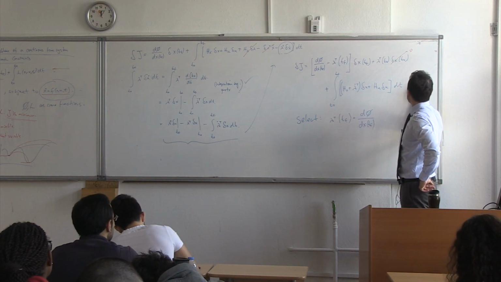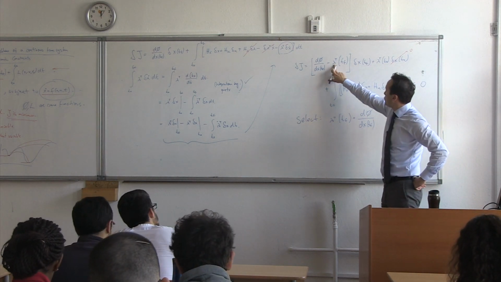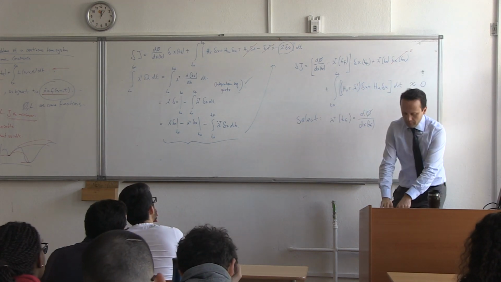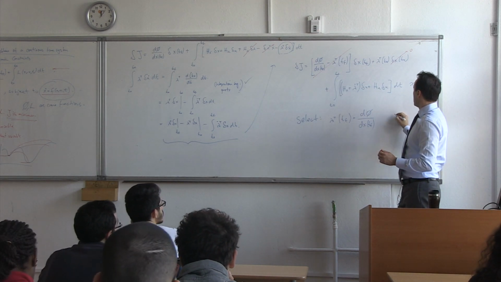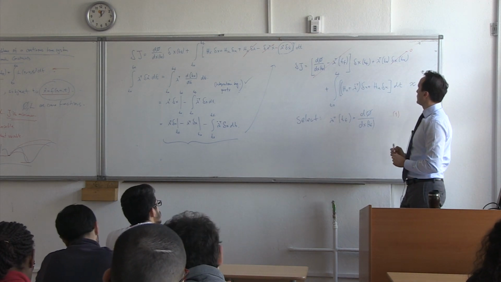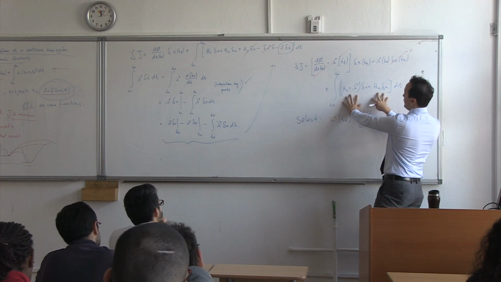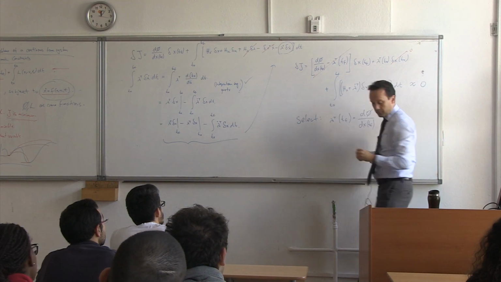I'm trying to set this equal to 0, right? That's the goal. So if I choose the Lagrange multiplier like this, then this term will just go. So this is now my first selection. So that's gone. This is gone. So all I need to take care of now is this part. And if I can set this equal to 0, then I have my solution.